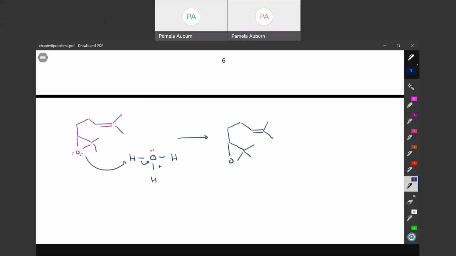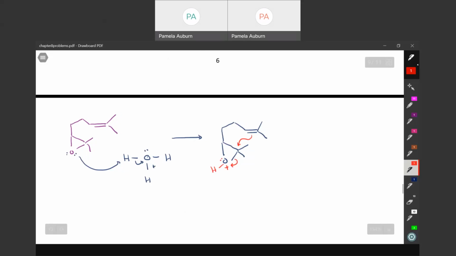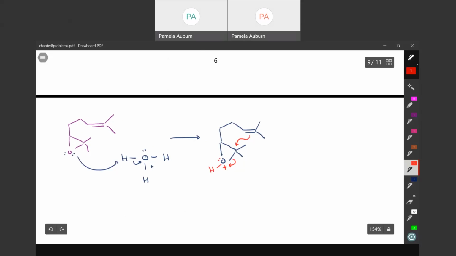And then in the next step, oops, I forgot to draw the proton here. There we are. So in the next step, the pi electrons are going to do nucleophilic attack, and that's going to open. But notice that because of the way I've done this nucleophilic attack, I'm actually forming a ring.